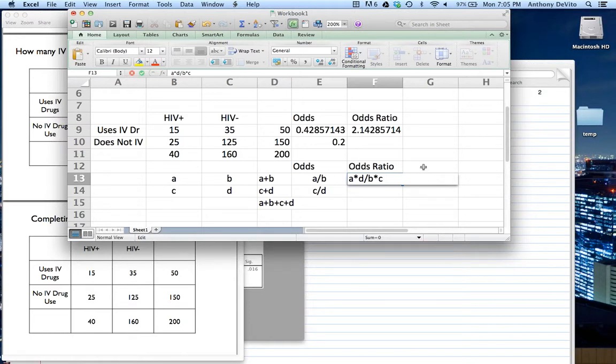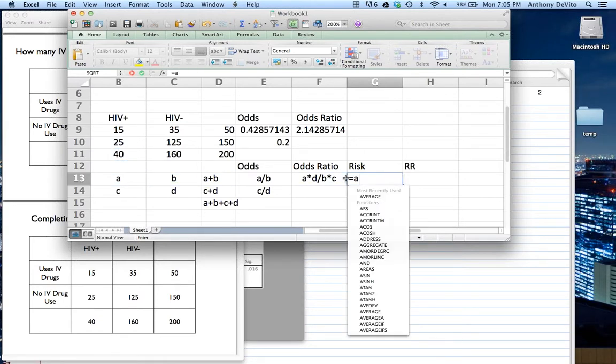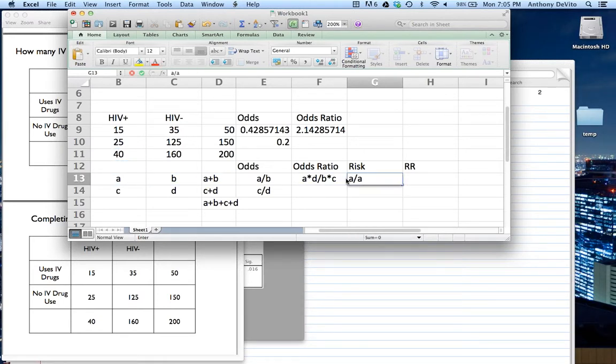Okay, so now, similarly, I could do my risk and my relative risk. My risk is going to be equal to A over A plus B for IV drug users, or C over C plus D if you're a non-IV drug user.